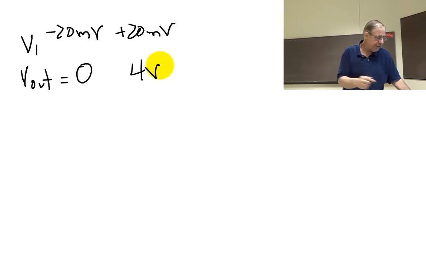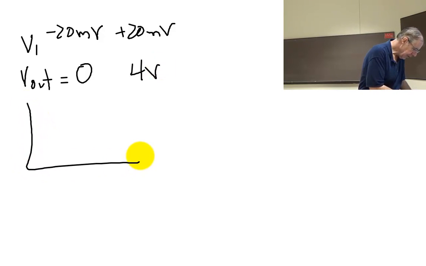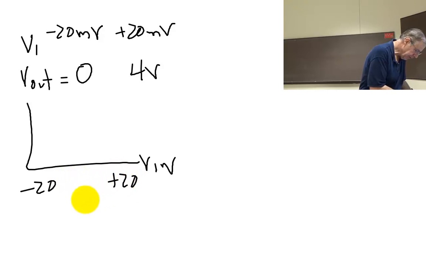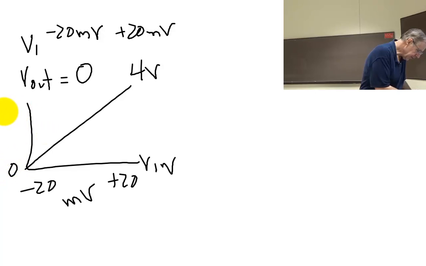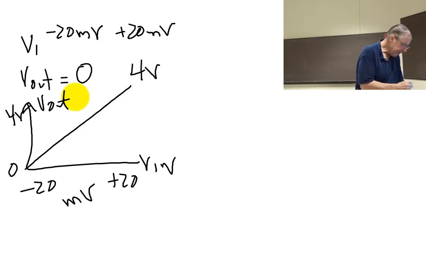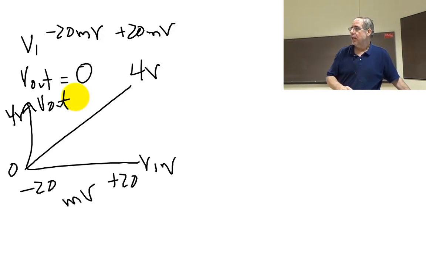And I want it to linearly relate Vin, minus 20 to plus 20 millivolts, to Vout, 0 to 4 volts. That's what I mean by a linear equation. If it's less than 20 millivolts, I don't care. If it's greater than 20 millivolts, I don't care. I want to do that mapping. It turns out the rail-to-rail op amp is going to save us if it actually gets bigger, but we'll get to that in a second.